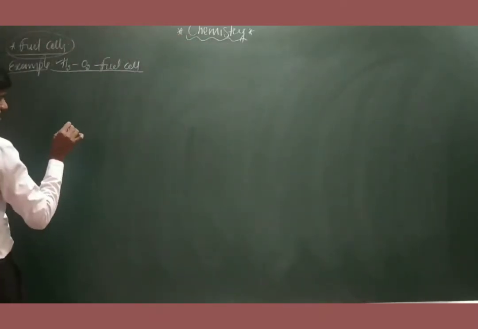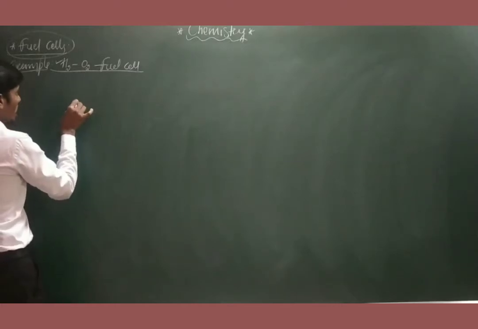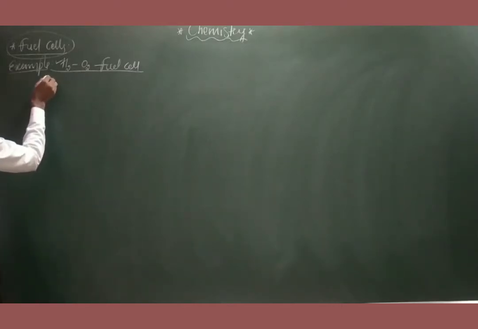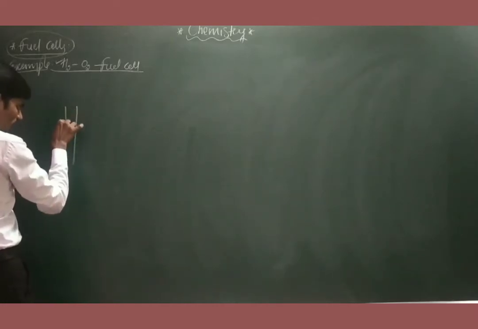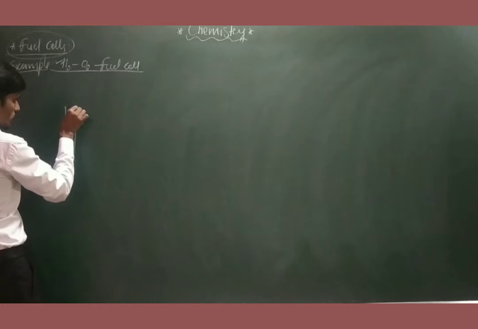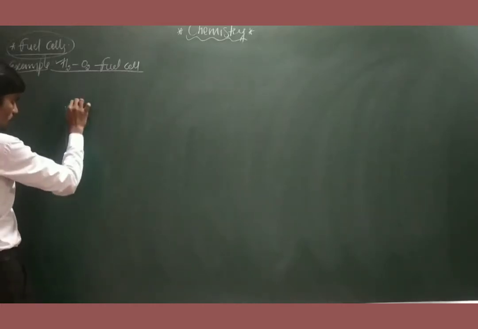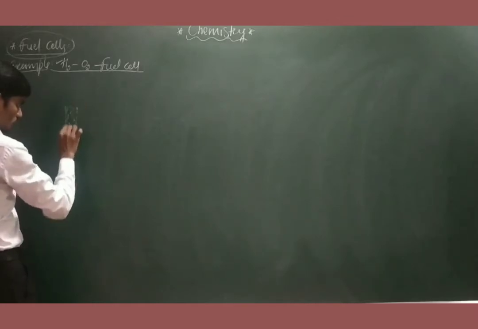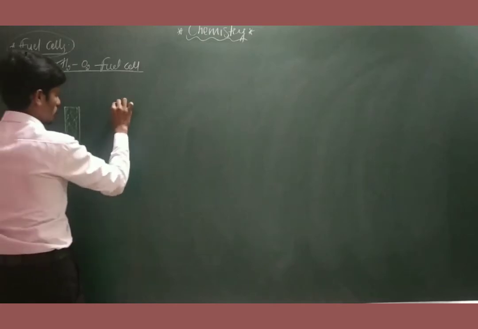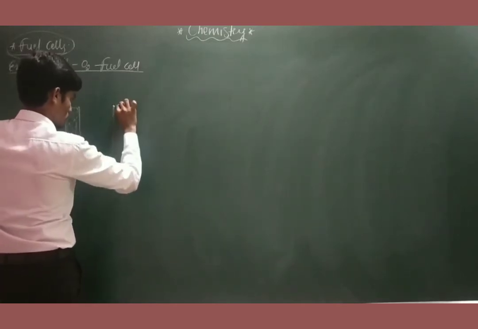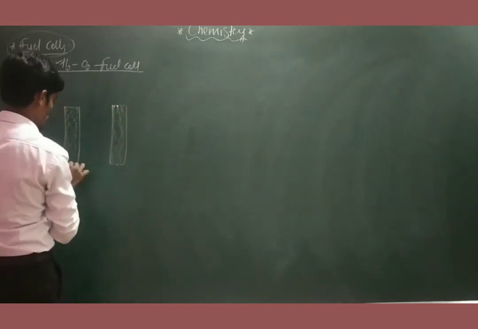Let us consider, in these fuel cells, the electrolyte used is KOH, and two porous graphite electrodes. I have taken two porous graphite electrodes here.